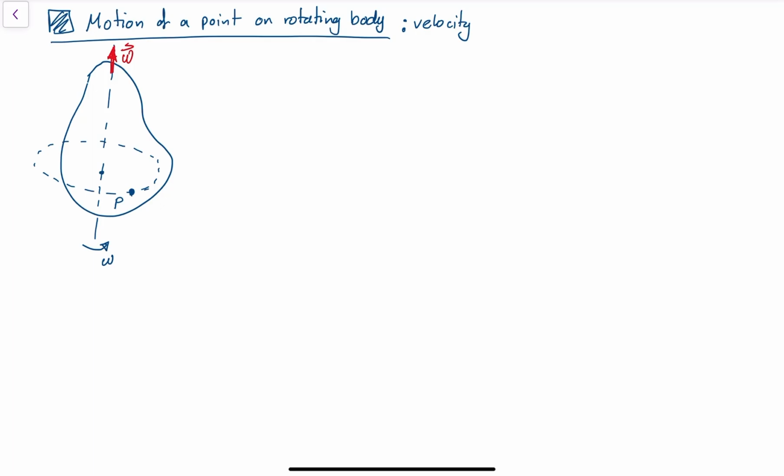So if I look from the top down, in the opposite direction of angular velocity, what I see, let's draw it as solid, is that this point P is moving around this circle that has a fixed center. How do we find the kinematics of point P? That is our goal.